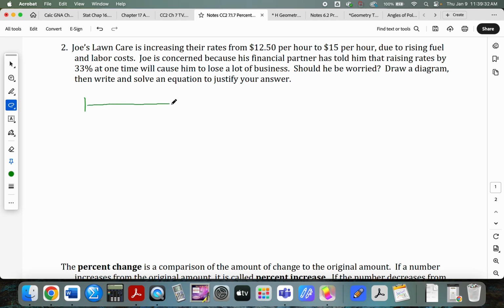So here's the deal. 100% is what he's currently charging. He's charging that much. And then we're going to go up to $15 an hour.